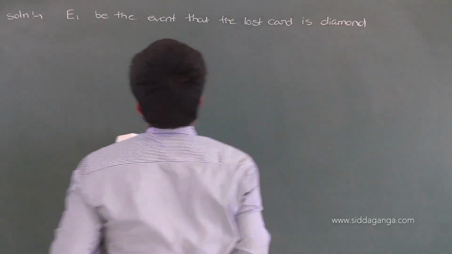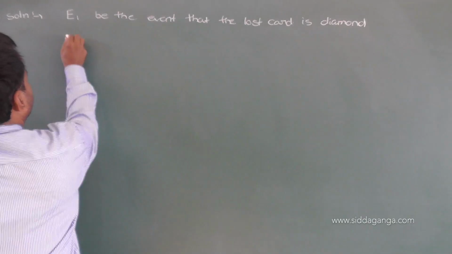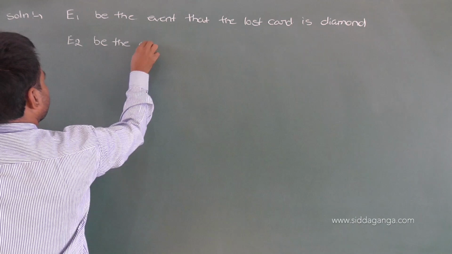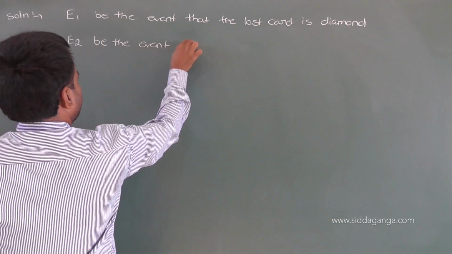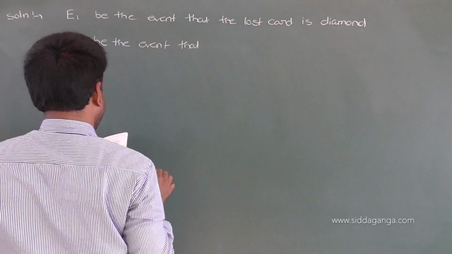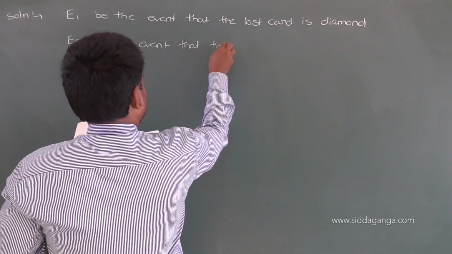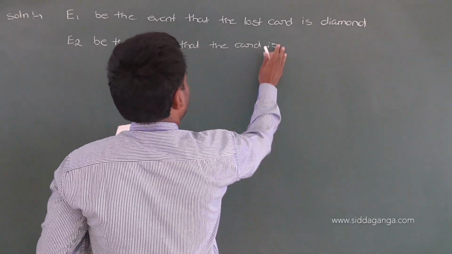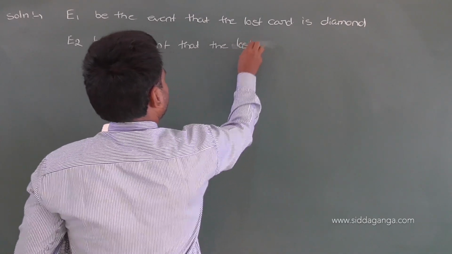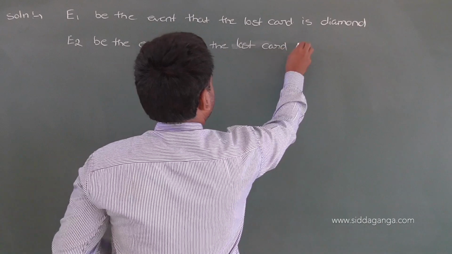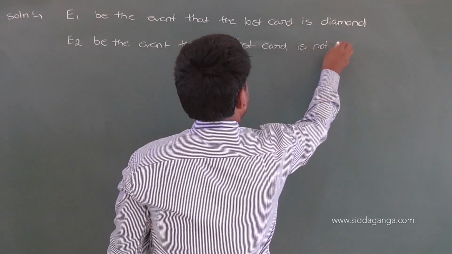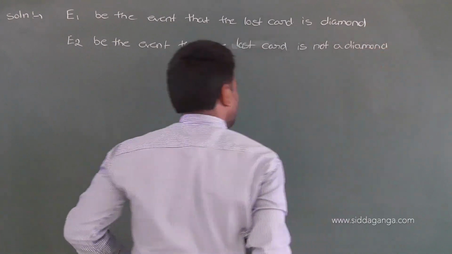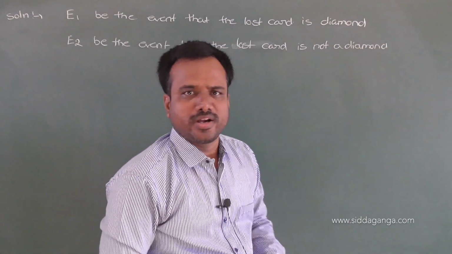E2 be the event that the lost card is not a diamond.